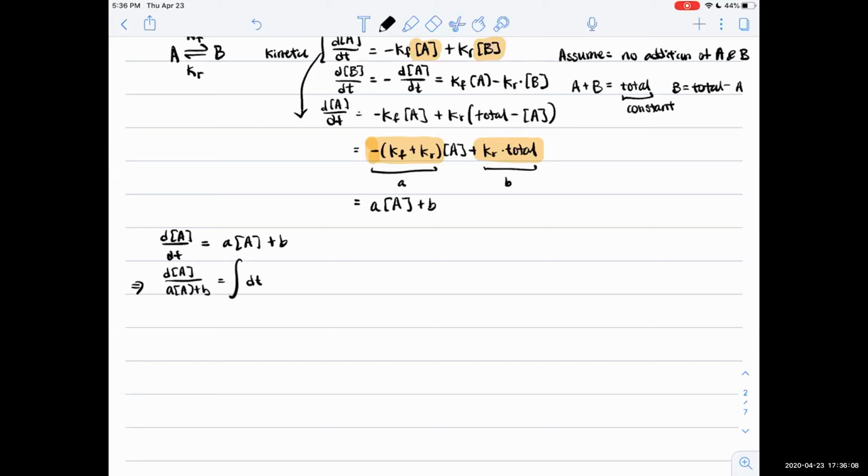Then I'm going to take the integral on both sides. For the t, it's going to be from time 0 to a certain time at which we take the second measurement of the concentration. On the left boundary, we start with some initial concentration, and at the end we observe a final concentration, just A, which I denoted here.